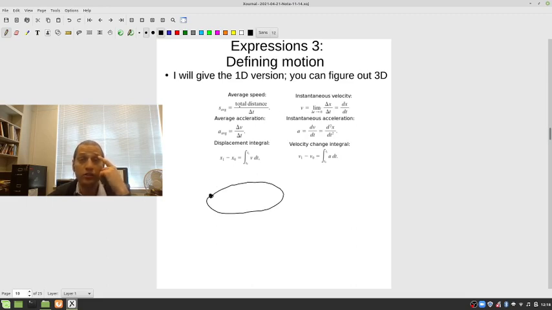On the other hand, your instantaneous velocity would not be 0 because it would just be however fast you are going at that point. Your average speed would also not vanish because it would just be the total distance that you drove over the total time. Okay, and you can make the same sorts of distinctions with average acceleration and instantaneous acceleration, where average acceleration is the total change in velocity over the total time. Instantaneous would be how much your velocity is changing at a particular time.